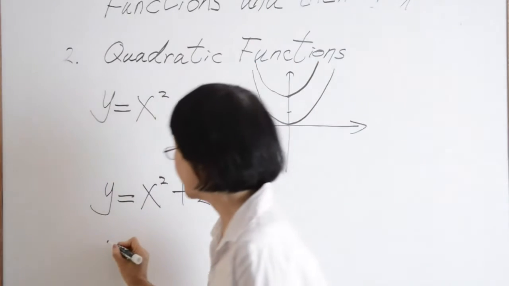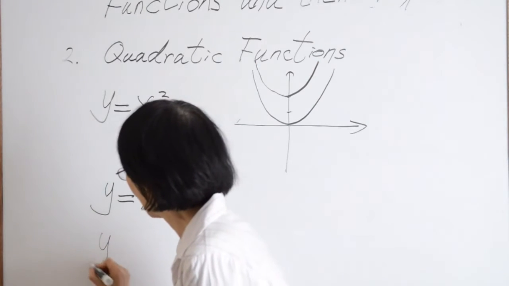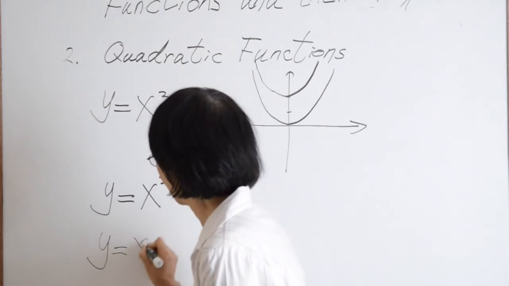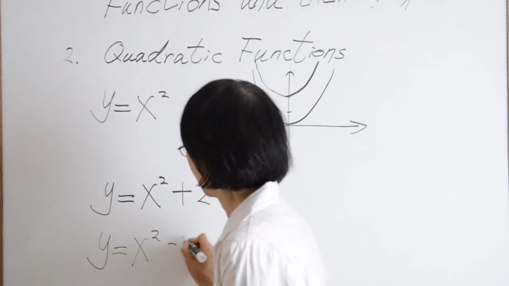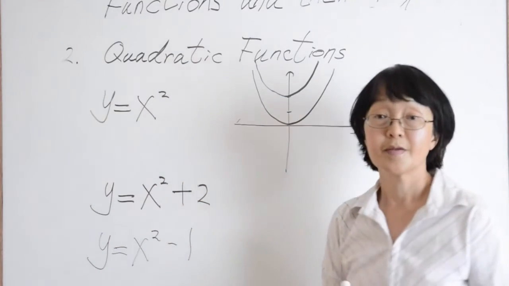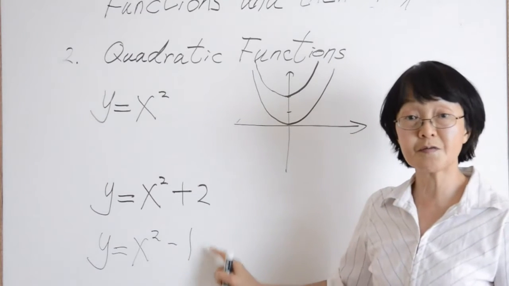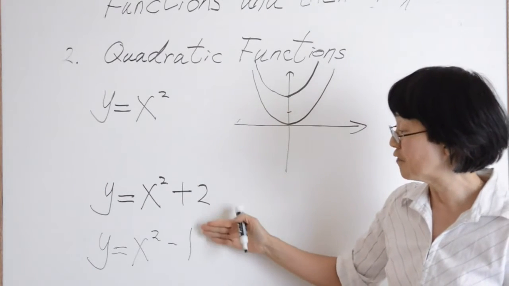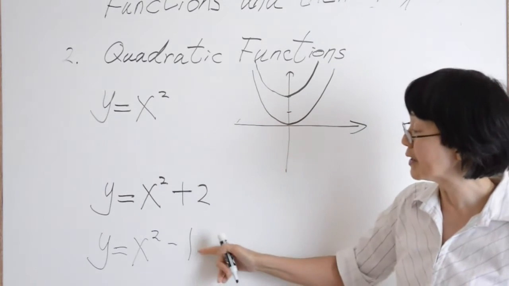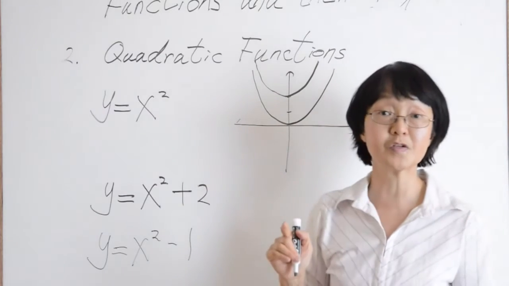I'll do another one, y = x squared - 1. By now you should know what the graph looks like. It goes vertically down 1 unit from the original graph.